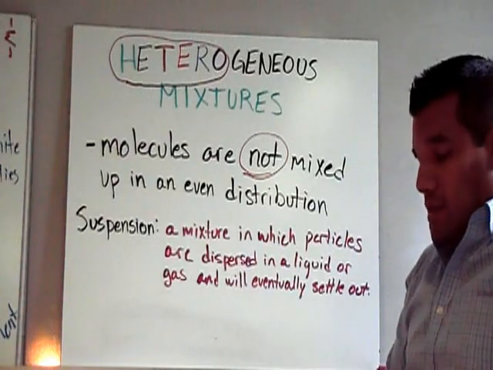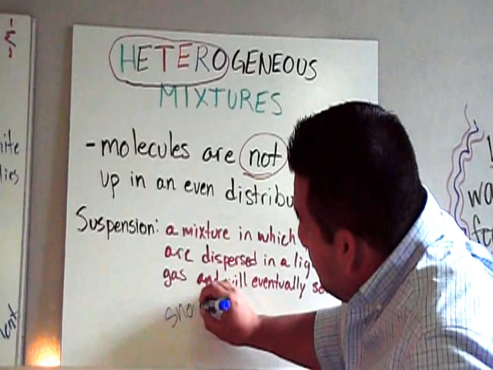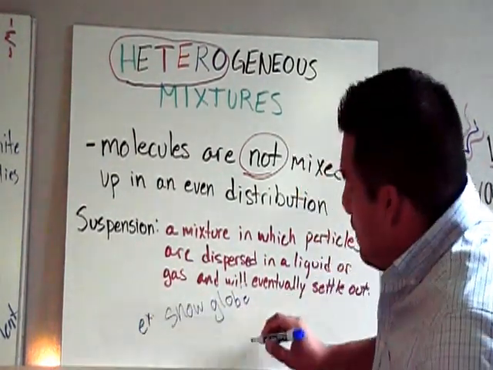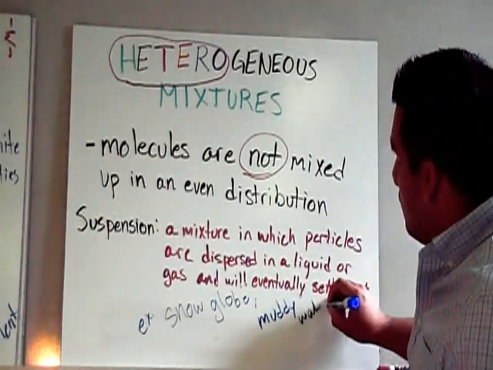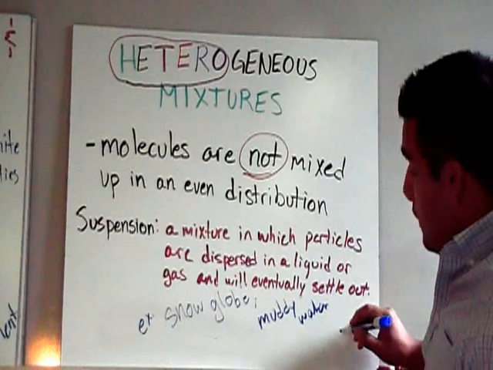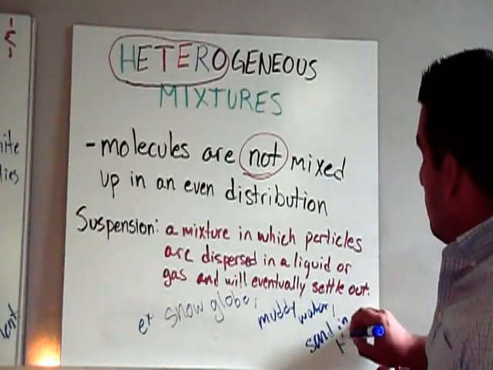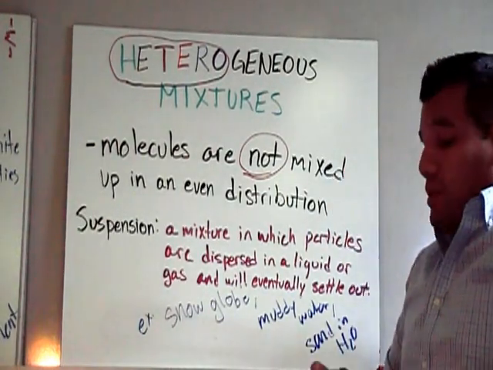Okay, some examples. Snow globe. Muddy water. Sand in water. So if you take a snow globe, we have two things.